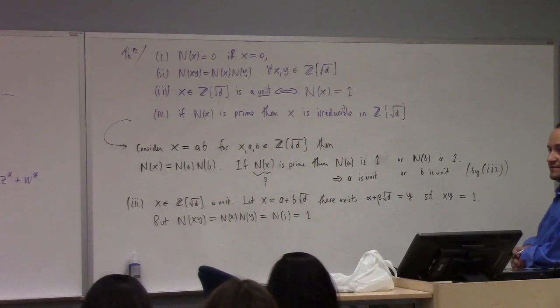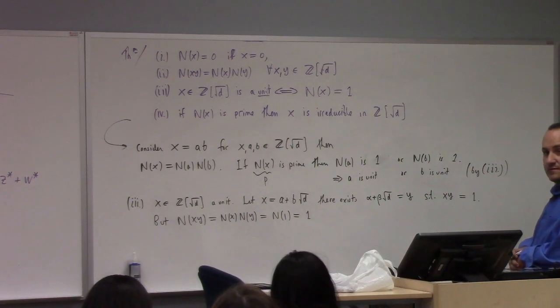So we have the product of two positive integers equal to 1. What does that say about these integers? That they're both 1.